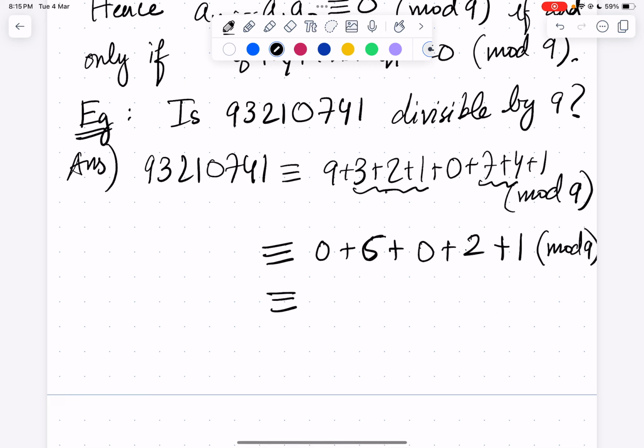So this is congruent to 0 mod 9. So we took a chain of congruences and we saw that 932100741 is congruent to 0 mod 9.